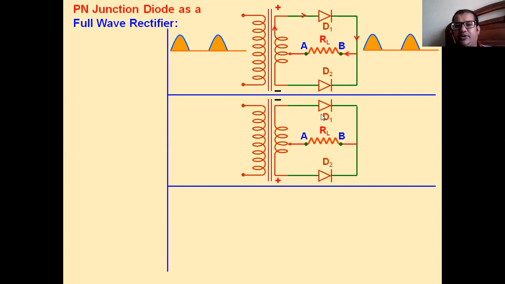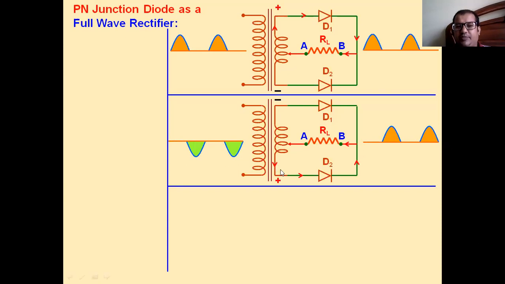That is, the diode D1 does not conduct the electric current, whereas the diode D2 conducts the electric current. So during the negative half cycle of AC input, this point will be at negative potential and this point will be at positive potential.